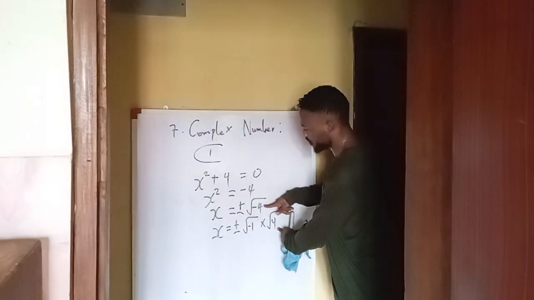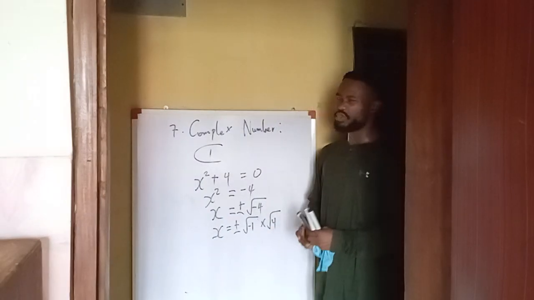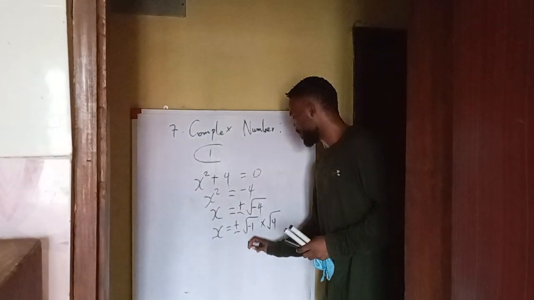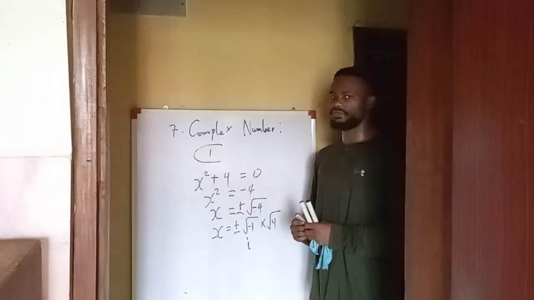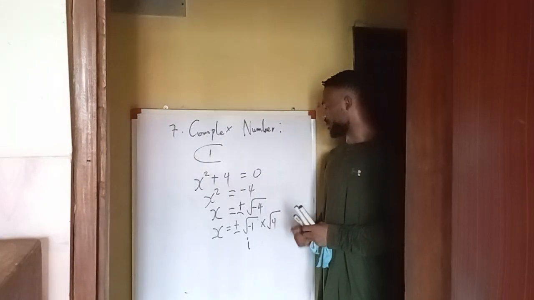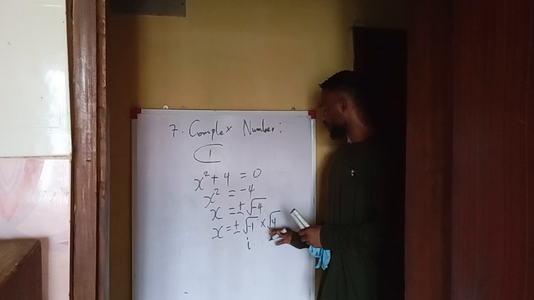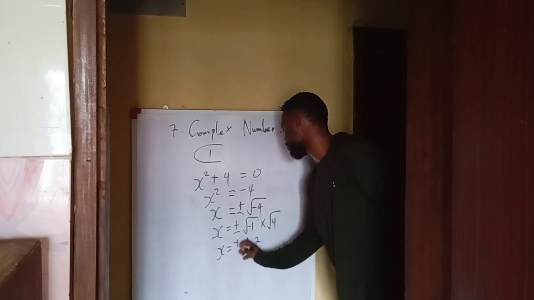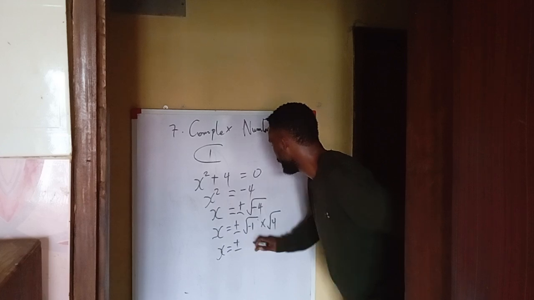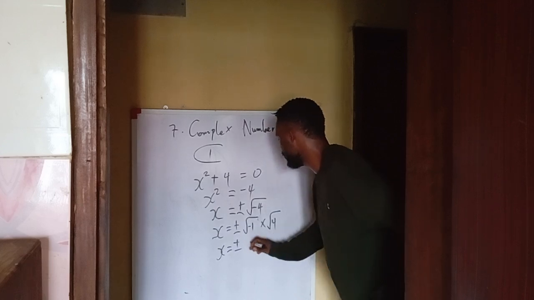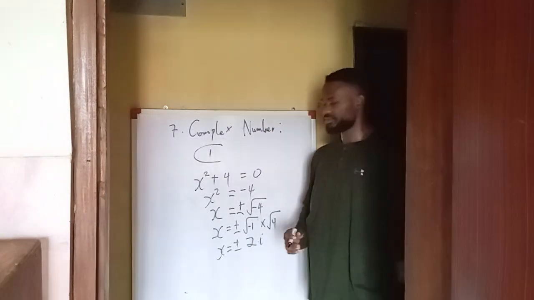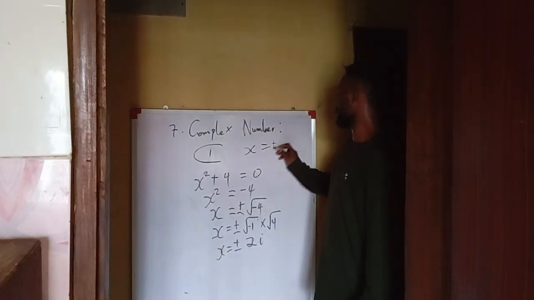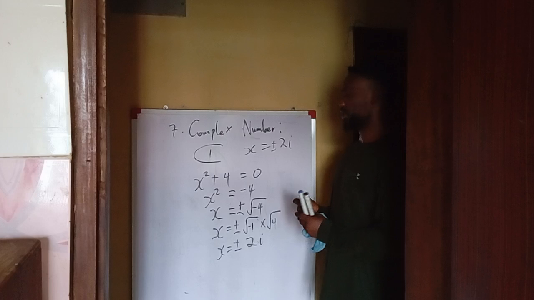So we use the first letter of imagination, which is i, to represent root of minus 1. Now square root of 4 is 2. So x is equal to plus or minus 2i.